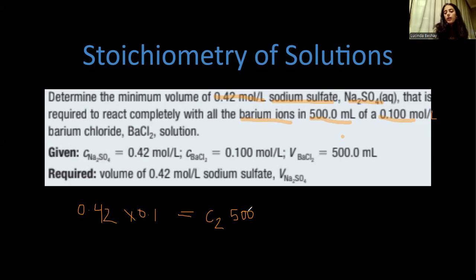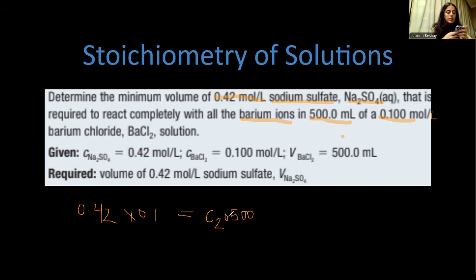So what is that going to be? Oh, do you see the mistake that I just did? I'll give you a moment to try to spot the mistake. Hmm. Notice the mistake I made was that I plugged in 500 instead of 0.5. So this should be 0.5, because we need to convert to liters.